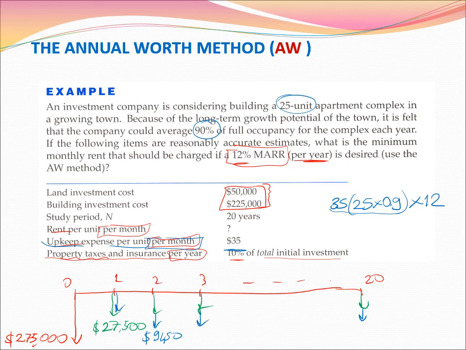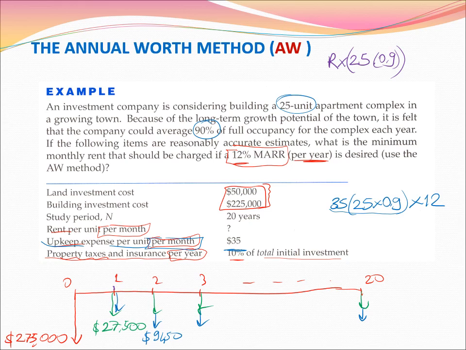Are there any other expenses? I don't see. And what do we have? We have the rent. At each month, we will have a rent amount. Let's represent this rent by R. Okay, at each month we are going to collect this, and we will collect this from 25 units, but only 90% of these 25 units will be occupied.